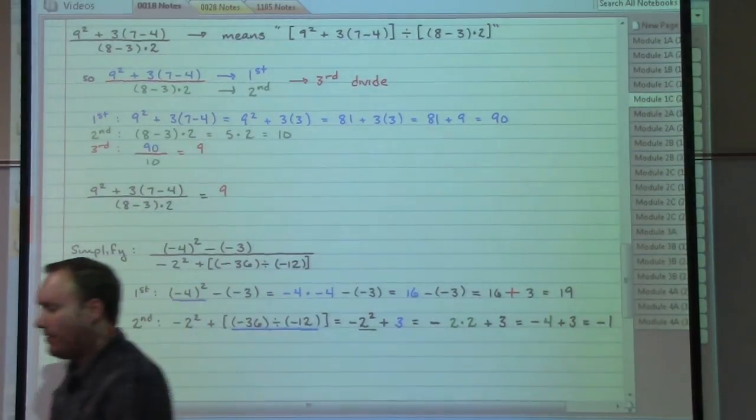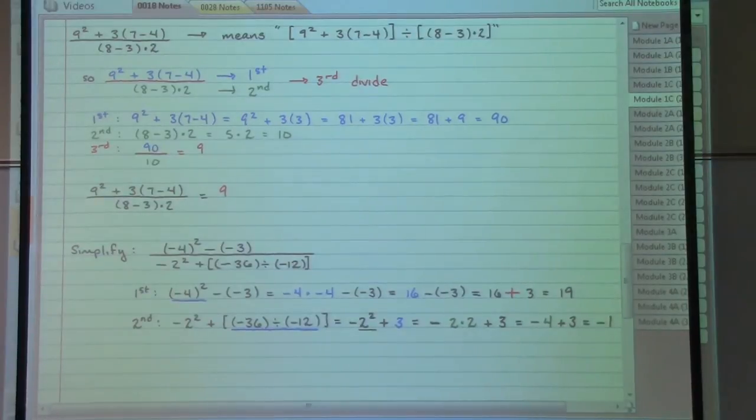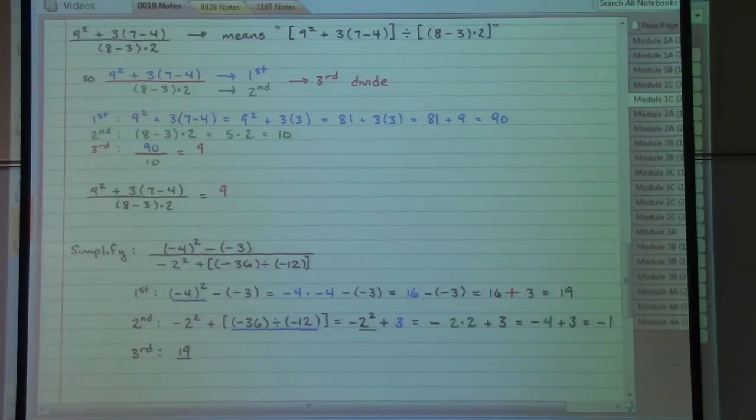That gives me the other part of my problem so that I can do the third prong in our attack, which is to take the answer from our first set of work and divide by our answer from the second set of work.